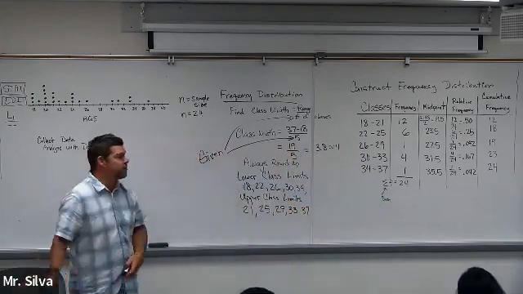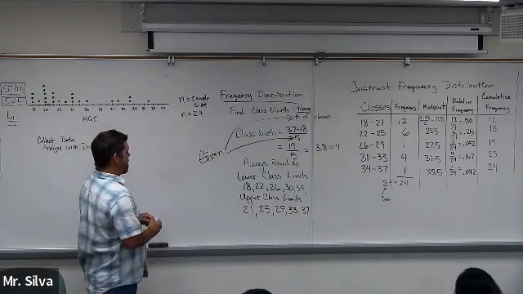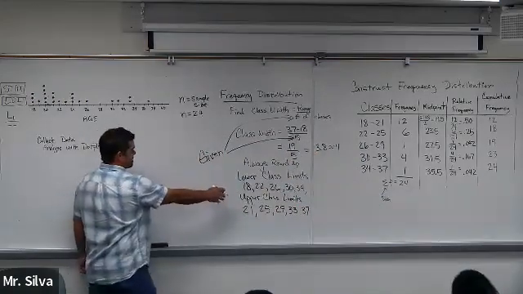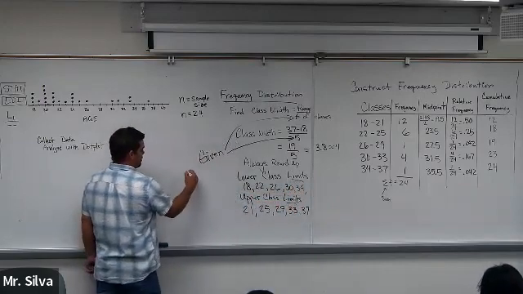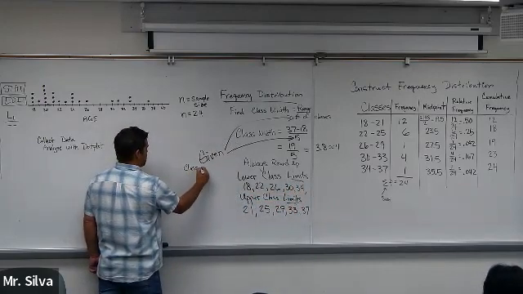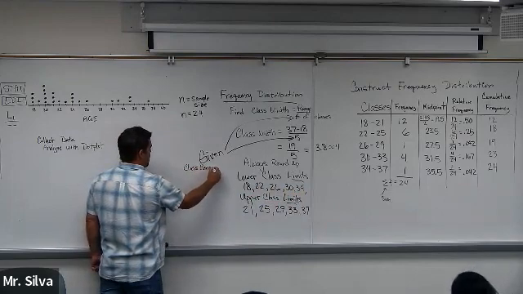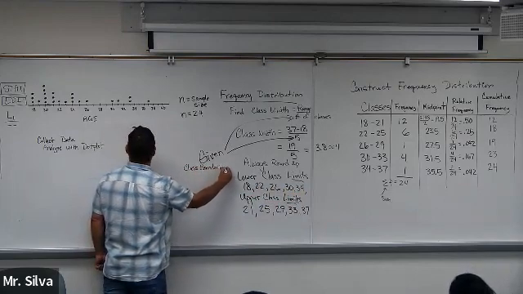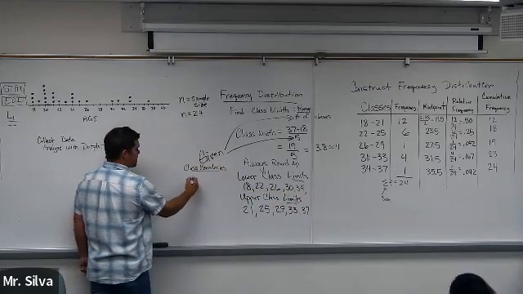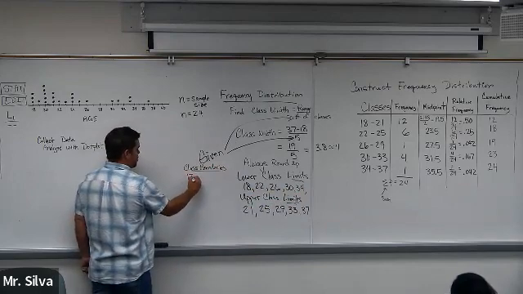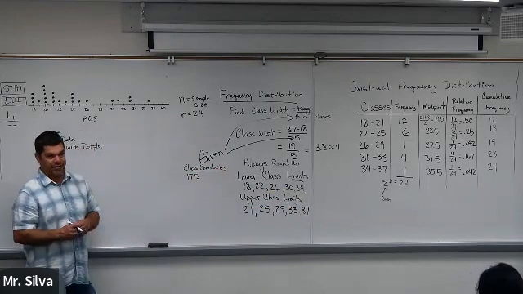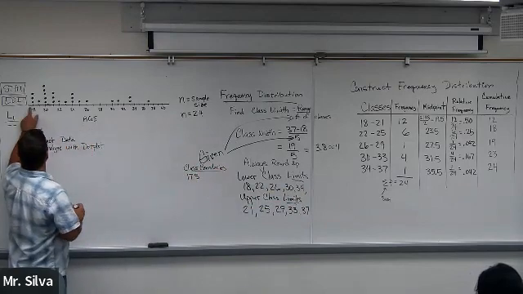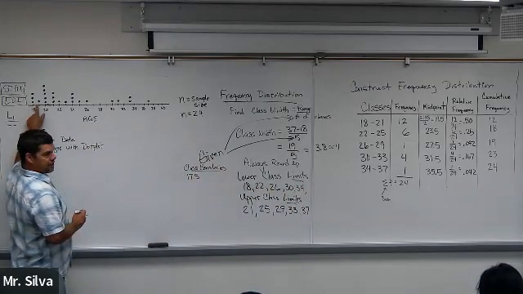If I were to do ages here, the class boundaries go like this. Instead of doing class limits, I could use class boundaries. You don't have to do 2 calculations. Class boundaries would start at 17.5, and then 18.5.